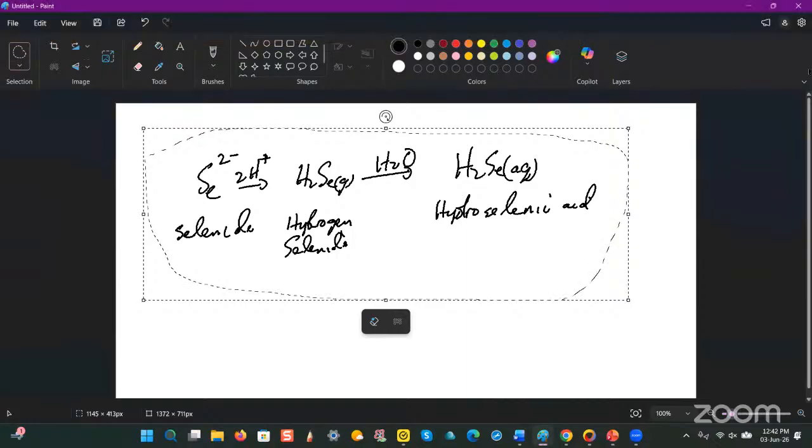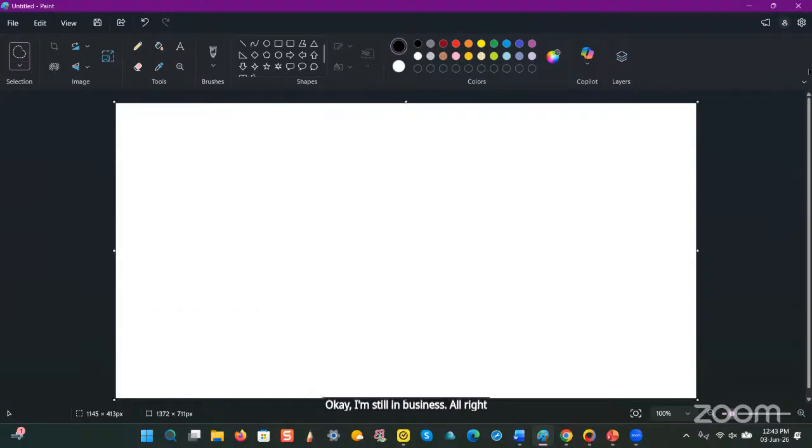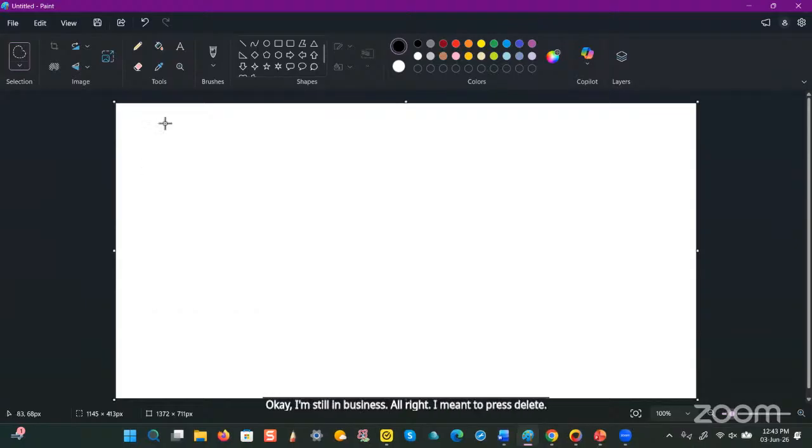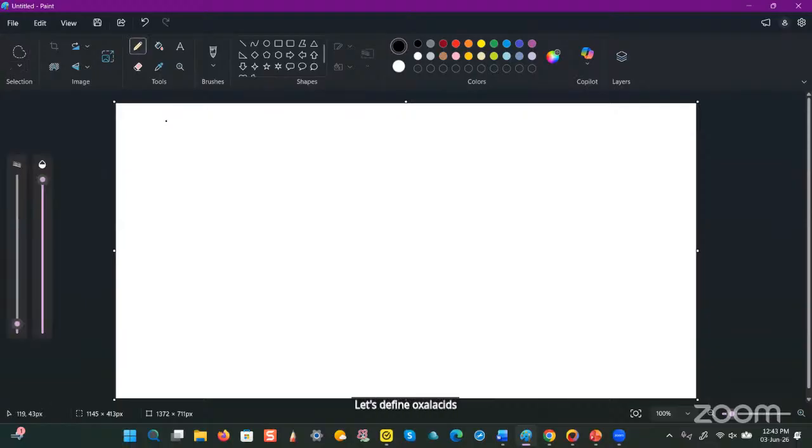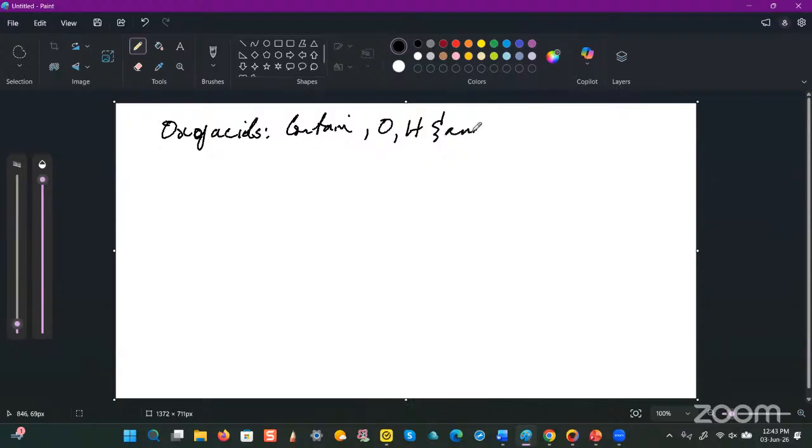Okay, so let's define oxyacids. These are acids which contain oxygen, hydrogen, and another element.